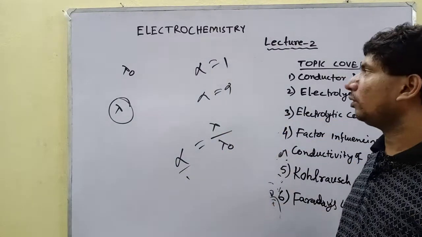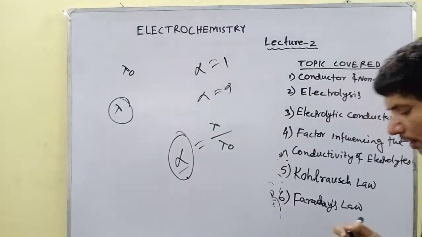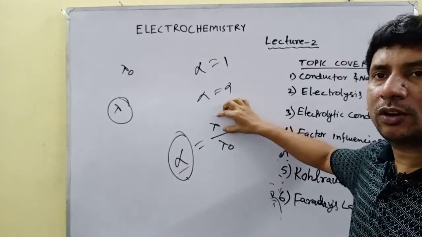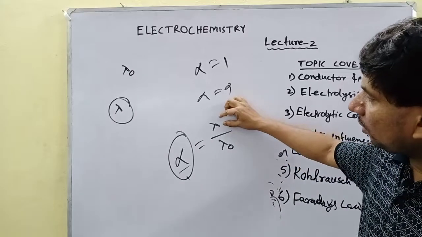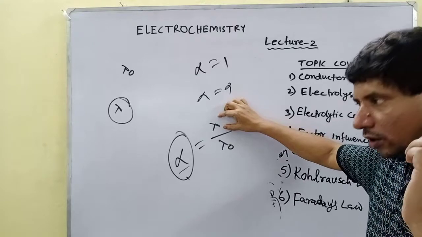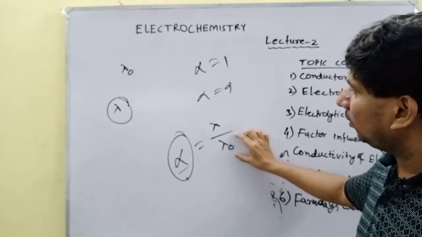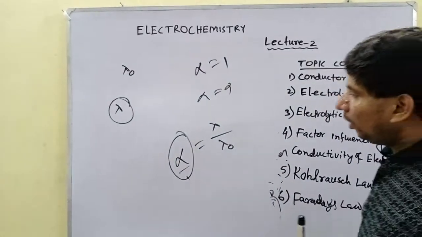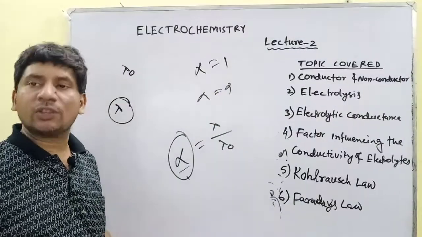This is the condition. Then from the ratio of the conductance of a solution at any concentration and the conductance of the solution at infinite dilution, we can get alpha. Okay, so this is the degree of dissociation or percent dissociation. Clear?